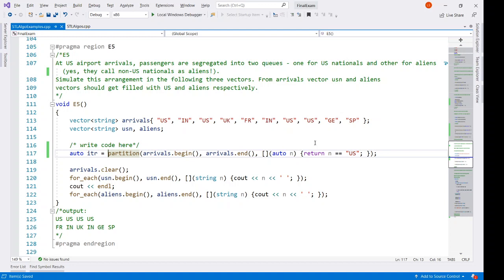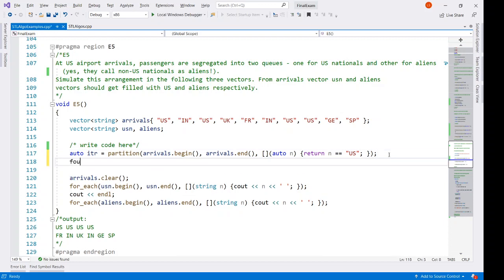And now let's output this just to discuss it further. Arrivals begin, arrivals end, and we want to print it.